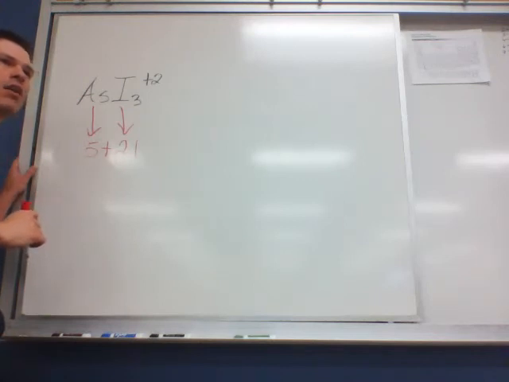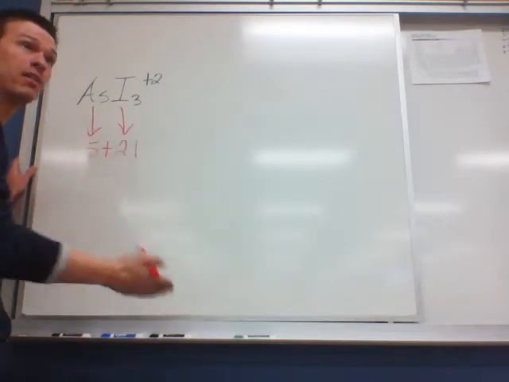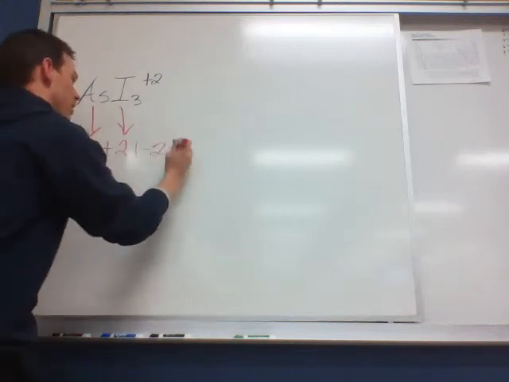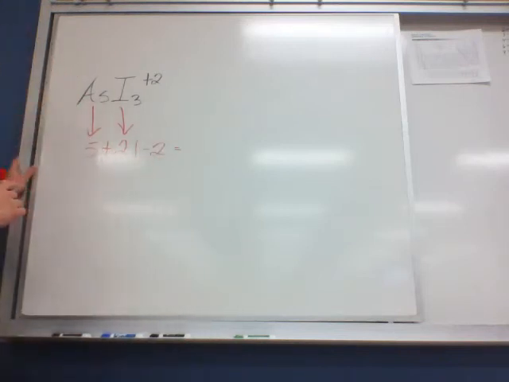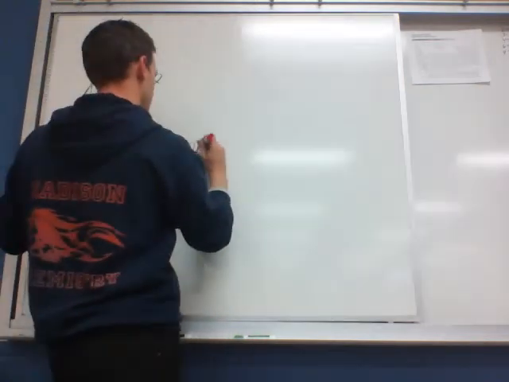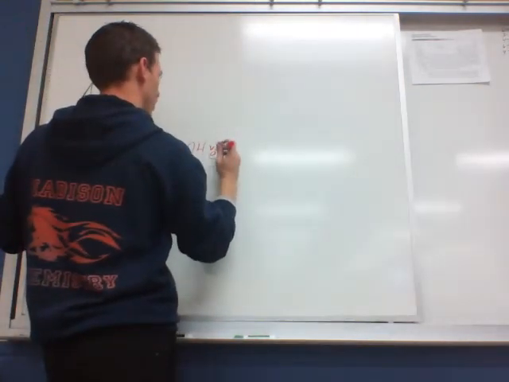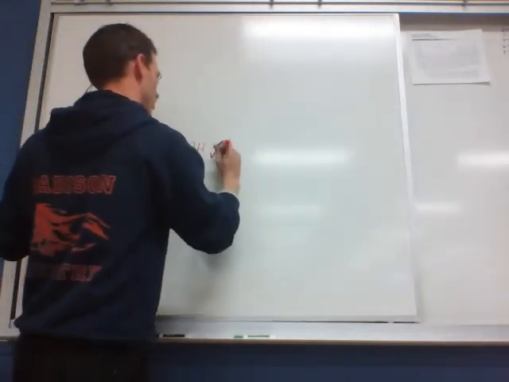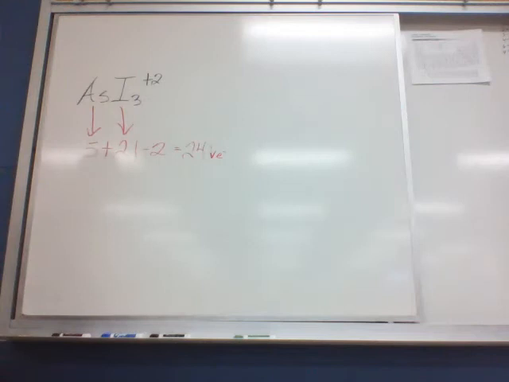And then it's an ion. Hey, what does that +2 do to my electron count? -2. Makes it smaller. All right, remember, if we're positively charged, then we have less electrons. What's my total count here? 24. All right, this molecule would have 24 valence electrons. All right, nothing new, nothing weird yet.